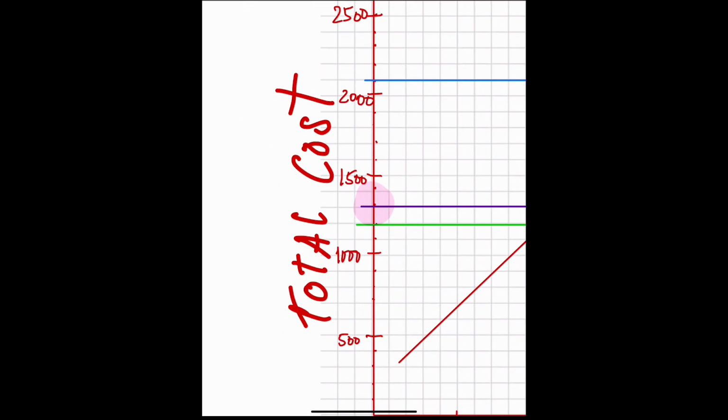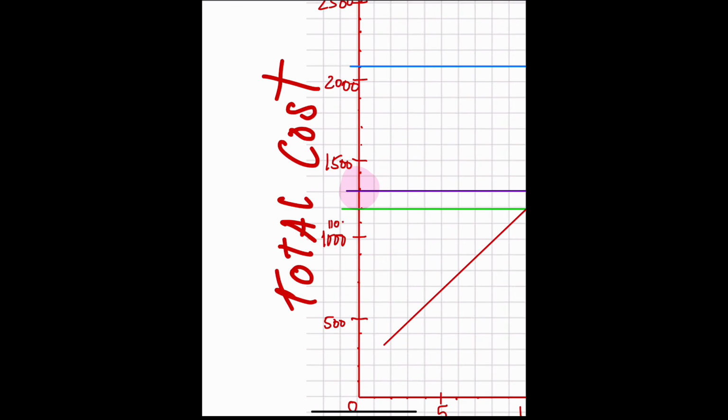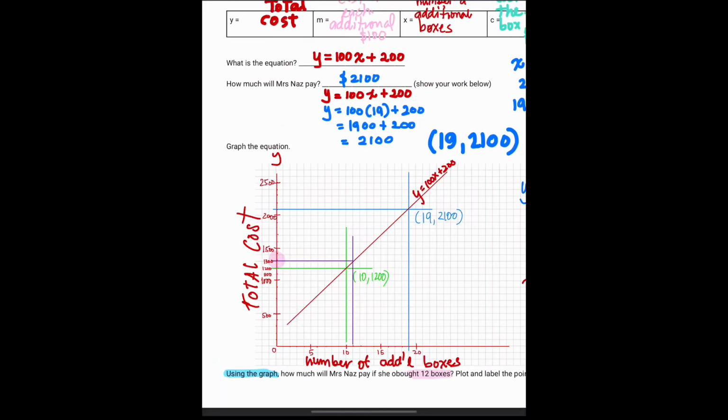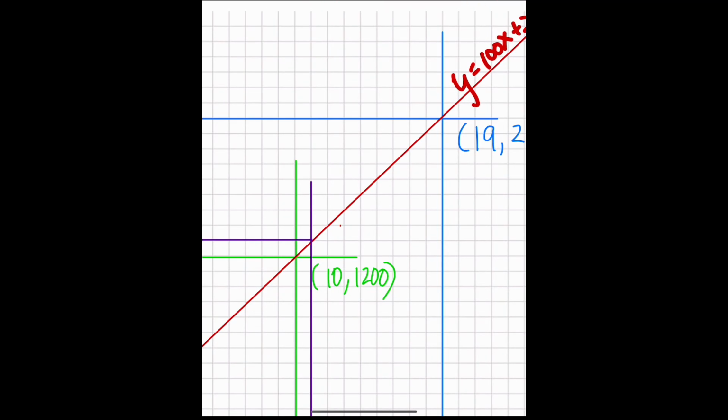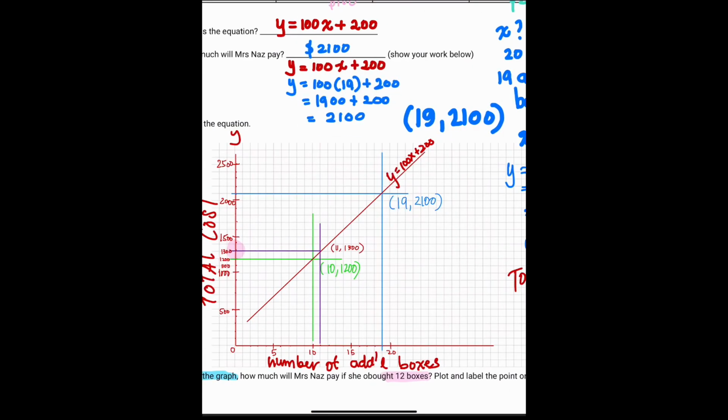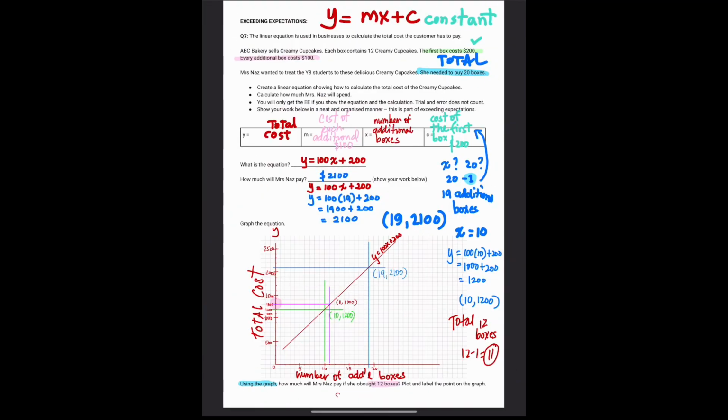See where it hits the y-axis. So how much will that be? This is 1,100, 1,200, 1,300. So that means if Mrs. Nash buys an additional 11 boxes, she will spend $1,300.